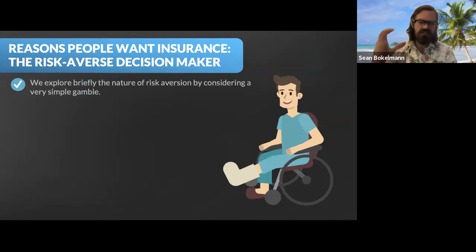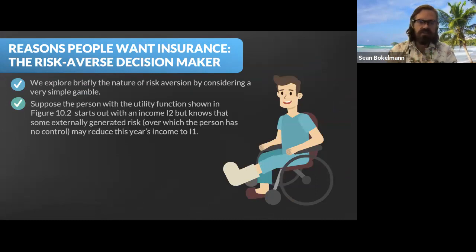All right, so we can start to really get a grasp of what's going on here by thinking about a very simple gamble, right? So suppose that the person we're thinking about has the utility function we just saw, and they start out with the higher income, I2, but they know that there's some externally generated risk that they have no control over that could potentially reduce their income to the lower level of income.